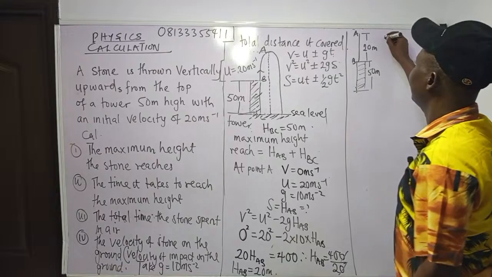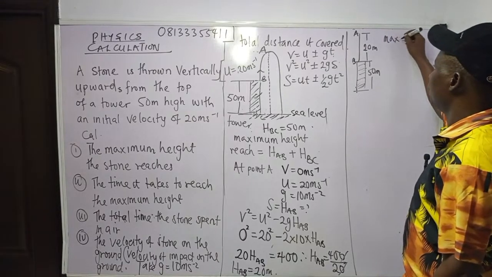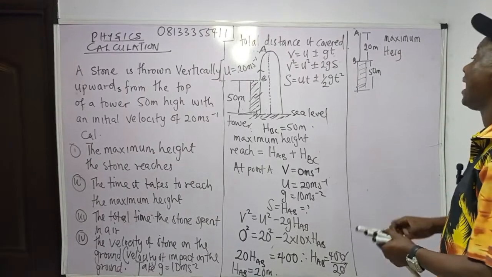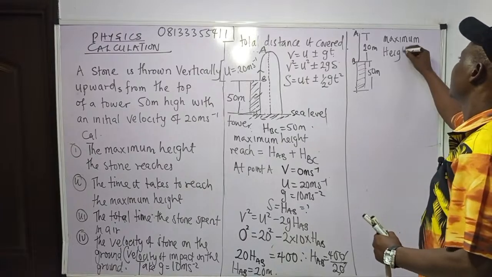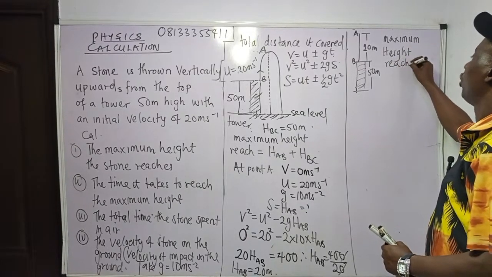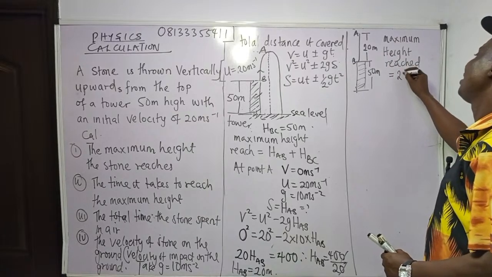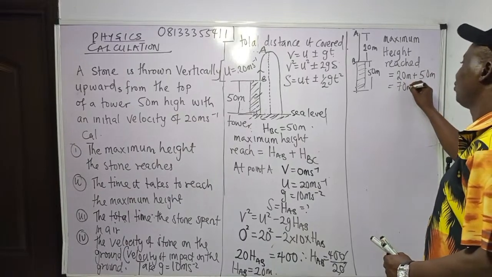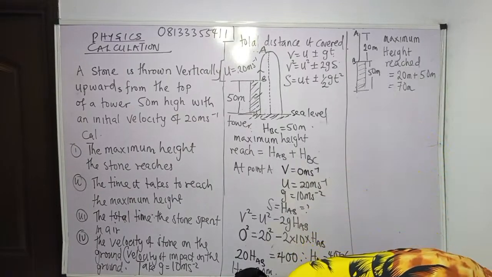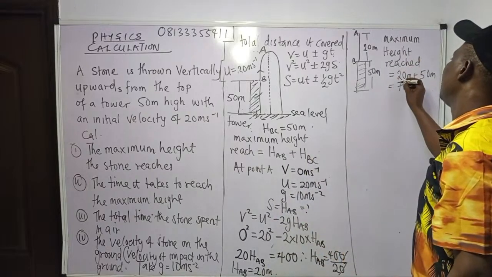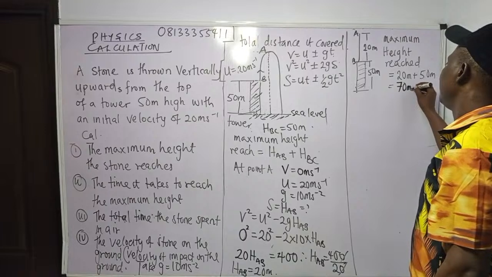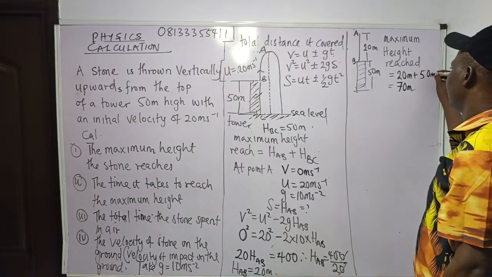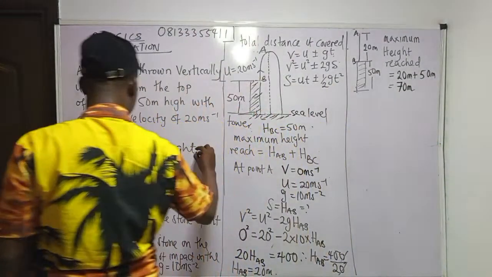So the maximum height reached is equal to 20 meter plus 50 meter, and that will be equal to 70 meter. So we have solved that one already.